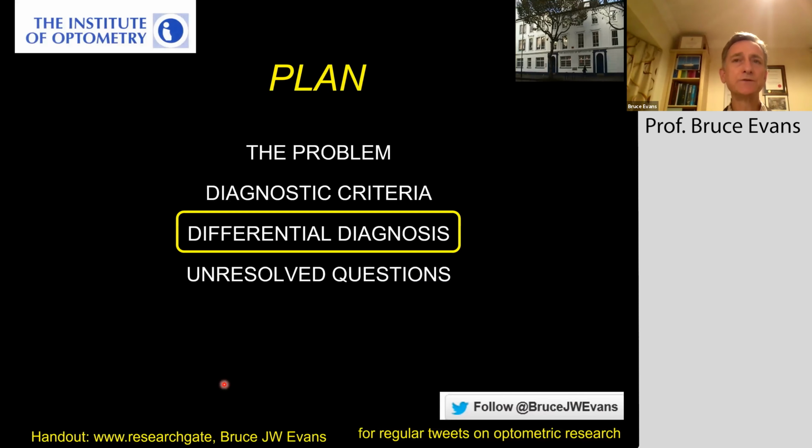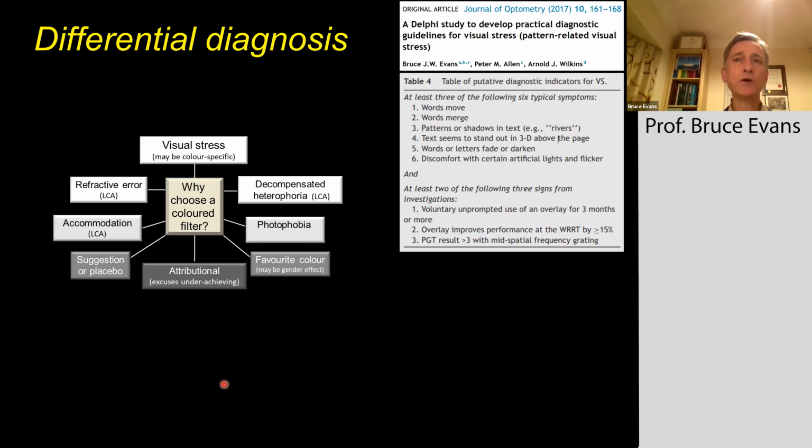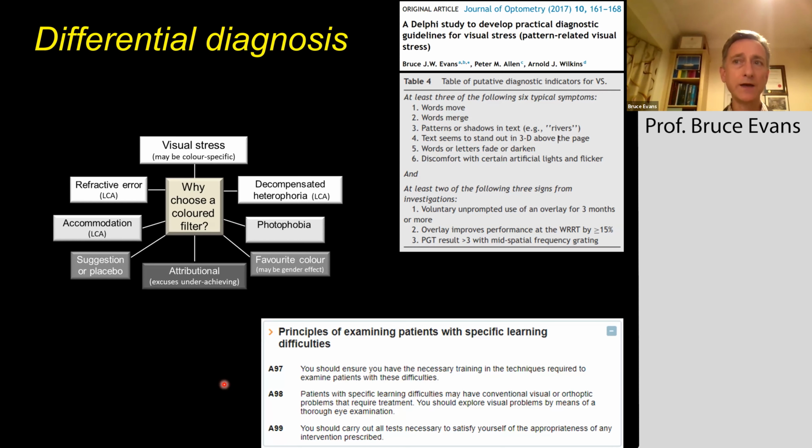And that takes us to the differential diagnosis, because the College of Optometrists, in their guidance for clinical practice, stress that before a practitioner reaches a diagnosis of visual stress, so before they prescribe precision tinted lenses, they should explore other visual problems that could be the cause of these symptoms.